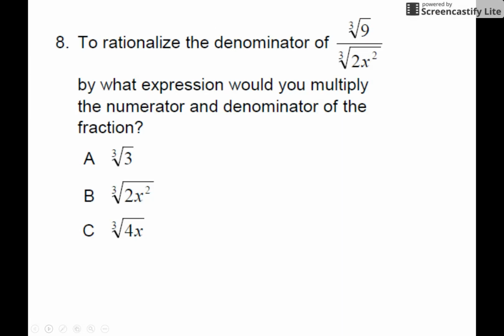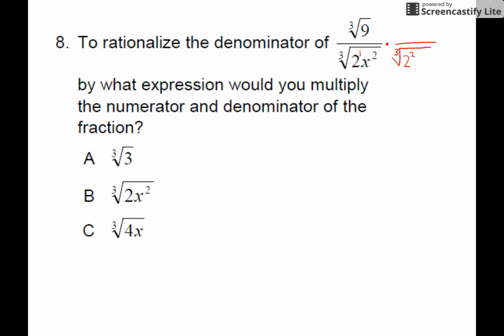To rationalize the denominator of that lovely fraction, by what expression would you multiply the numerator and denominator? So we want to know, what do we multiply by? When we're doing rationalize the denominator, remember we need the same root, like that. And then I look at each number or each variable. So I have 2 to the 1st. I need 3 altogether, so I'm going to do 2 to the 2nd.